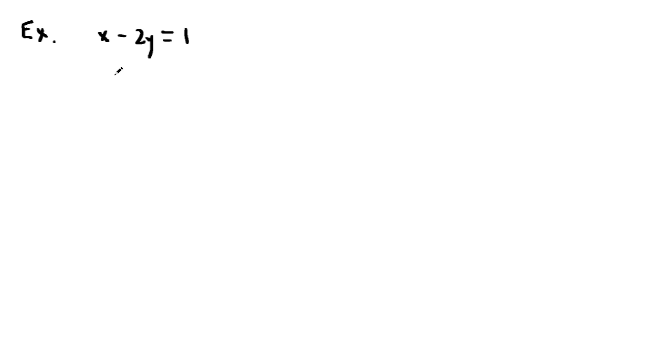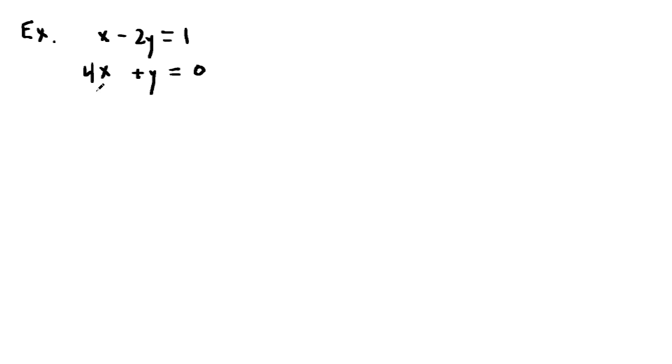Let's say you had a system of equations like this. So here you have two equations and two variables, x and y. So this is a system of two equations in two variables.